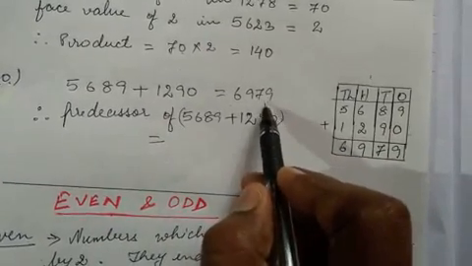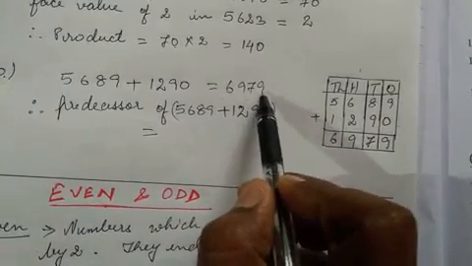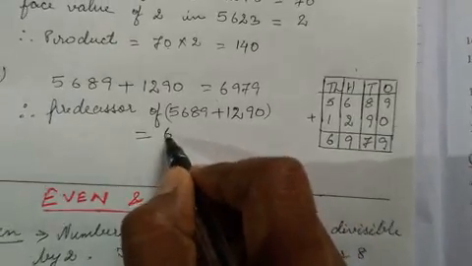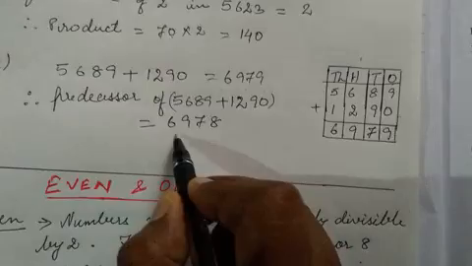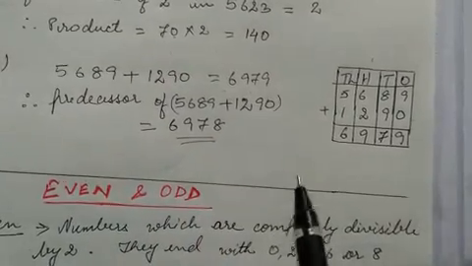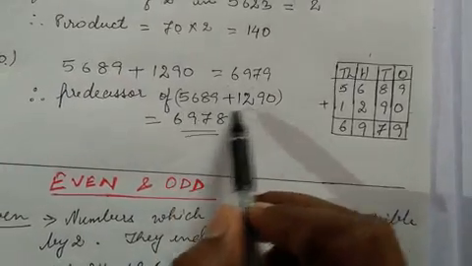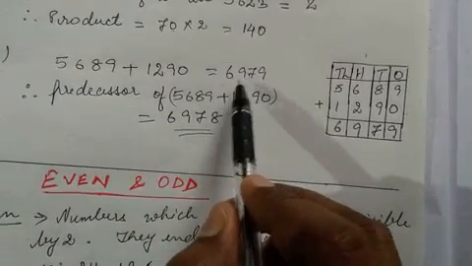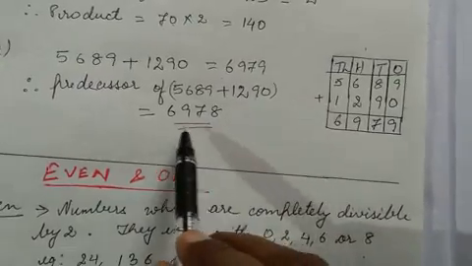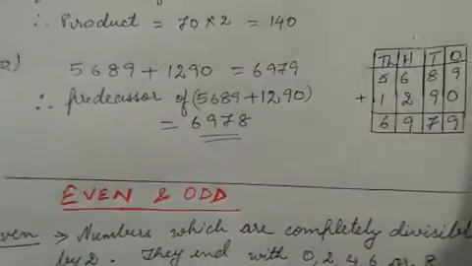The predecessor means one number before. So what is the number before 9? That is 8. So our answer is 6978. You can write this number also, but the question says this, so I have written this term only. You can also write the predecessor of 6979. The answer is 6978.